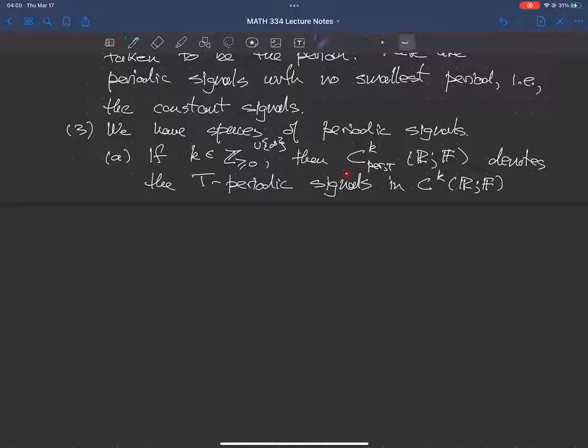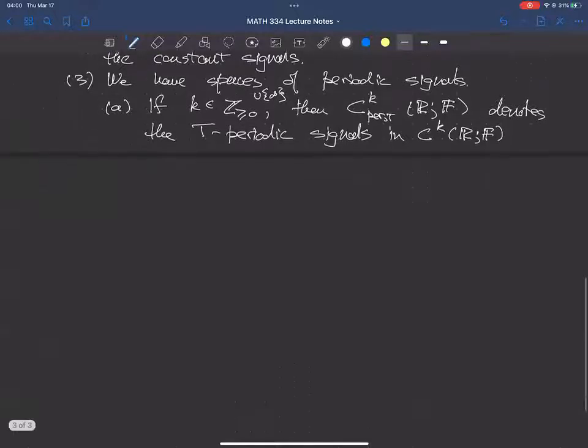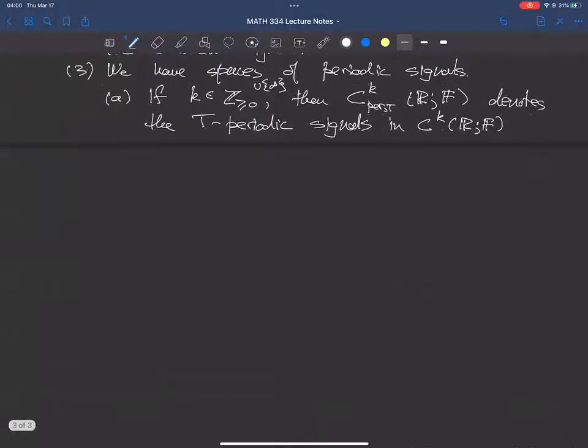However, with respect to this definition, there's a little thing you have to be aware of, and that is when I write C^k here, I mean C^k on all of R. And so for example, let me just draw the kind of thing that I'm thinking of there.